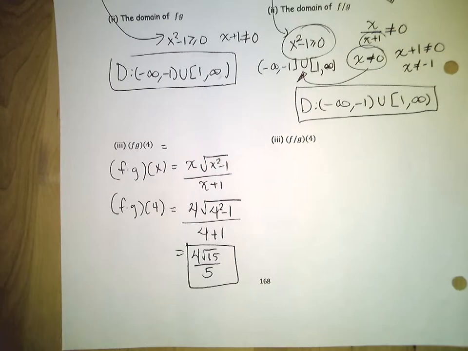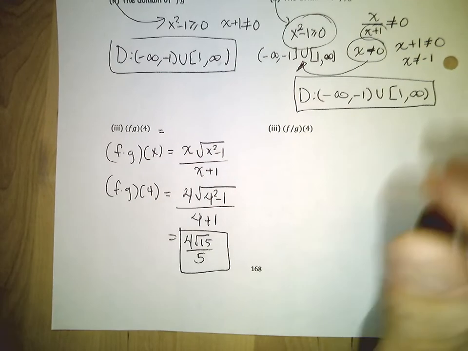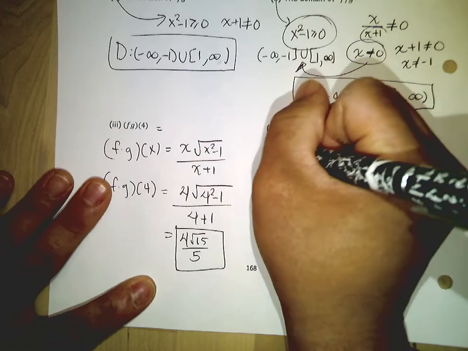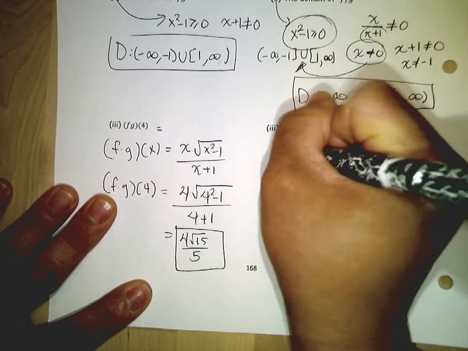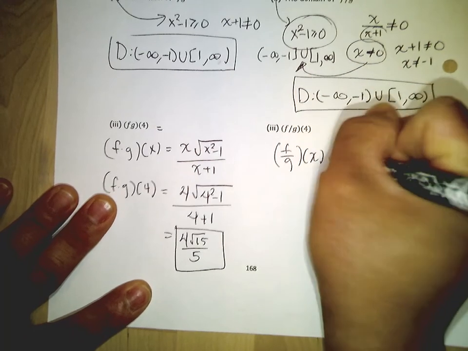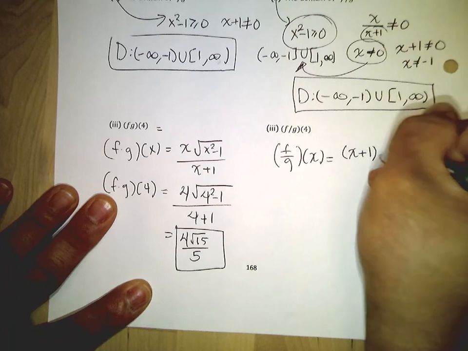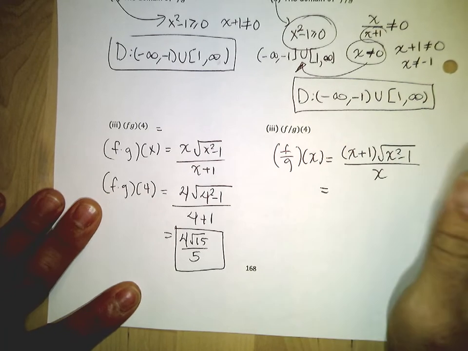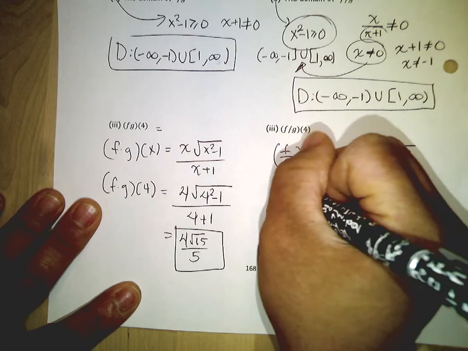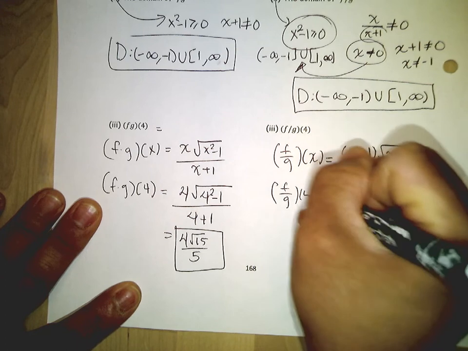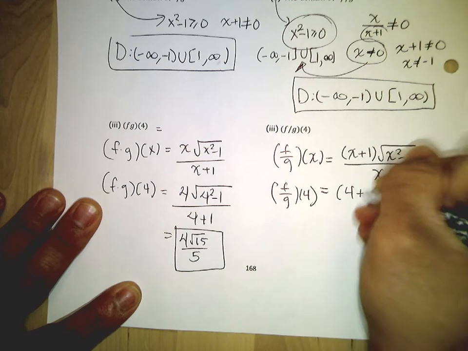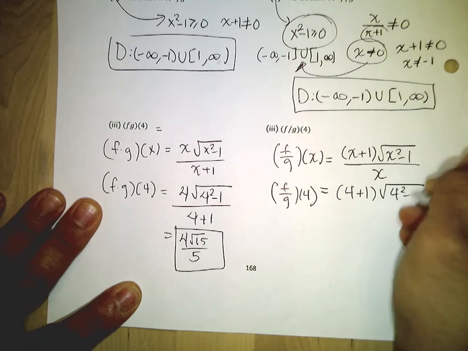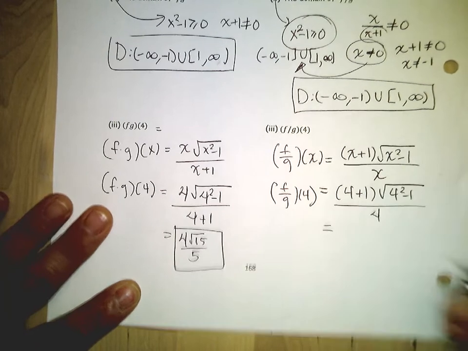Good enough for me. All right, now for f divided by g of 4, remember f divided by g of x will be x plus 1 square root of x squared minus 1 over x. And that will give us, if we want f divided by g of 4, 4 plus 1 square root of 4 squared minus 1 all over 4.